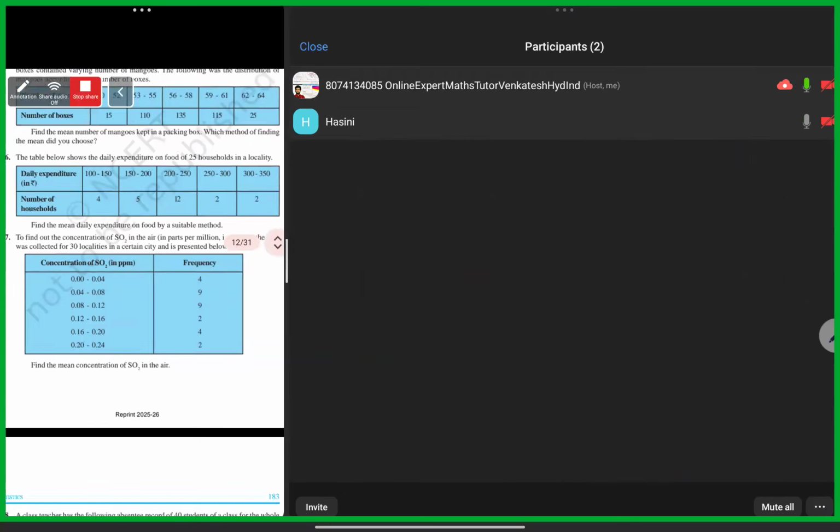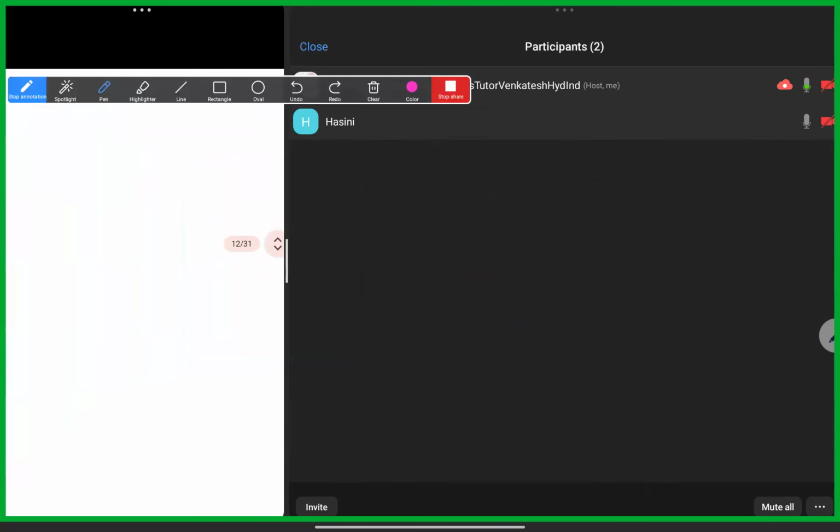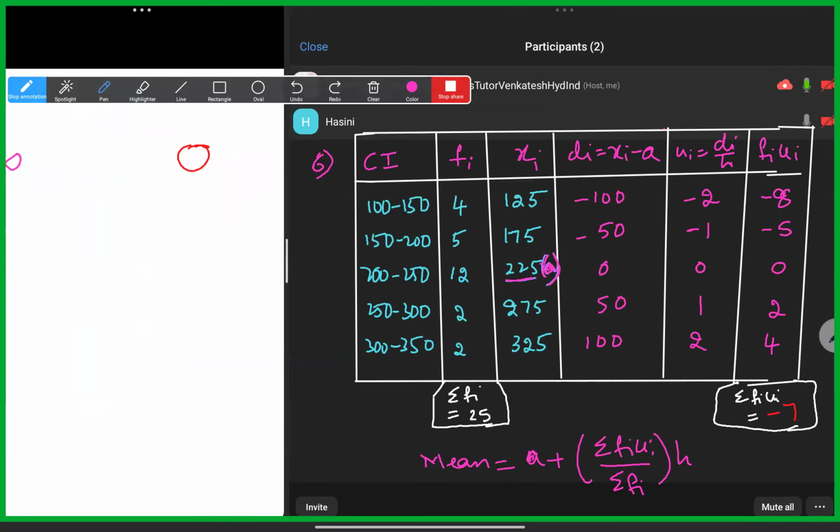So Hasni, now we'll finish the value by substituting the values. Mean is equal to A plus. A is how much, Hasni? 225, plus sigma FiUi. Sigma FiUi is minus 7, by sigma Fi is 25, into H. H is how much, Hasni? 50, sir.